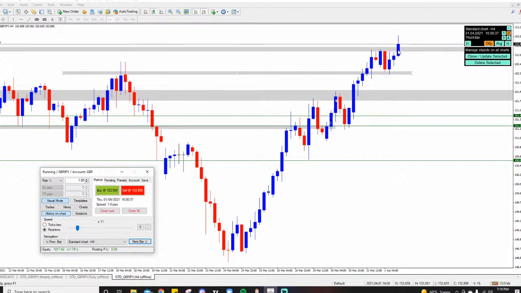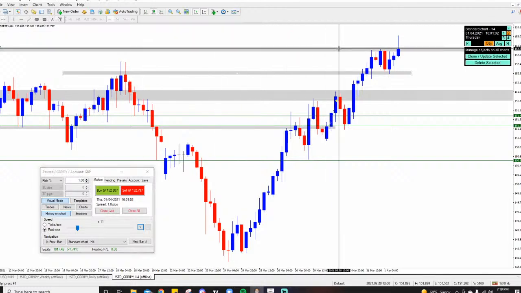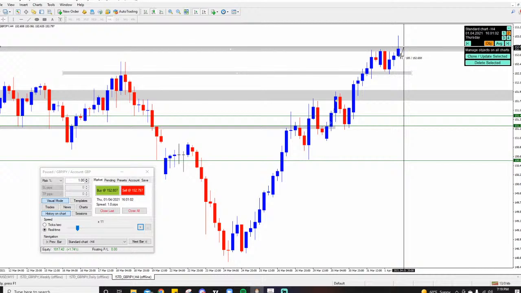Alright, so that could be an entry point right there, as price is pulling back as it's breaking these highs. So that's how you could work backwards. If I want to take an entry somewhere here, am I okay with having an 18 pip stop loss, where price is right now, and then placing your stop loss right below this, 16 pips, 10 pips, what does that need to look like? Those kinds of things. Does that make sense, how to work backwards from your stop loss? To me it does. Does anyone have questions about that?